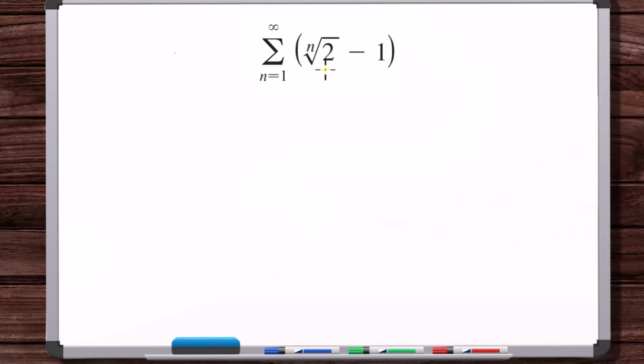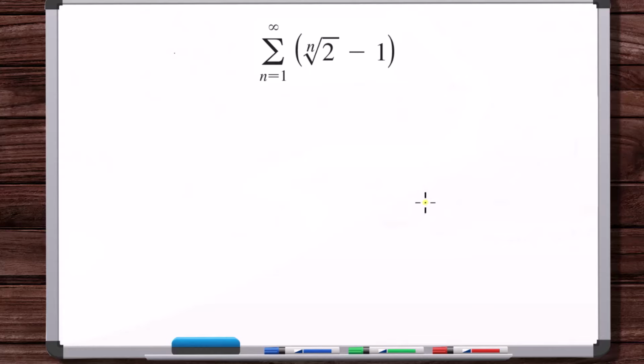So if we think about the test for divergence, the limit of this sequence is 0, so the test for divergence doesn't tell us anything. The ratio test or the root test doesn't seem like it would be helpful here. For the absolute value test, this is always positive because this is always greater than 1.